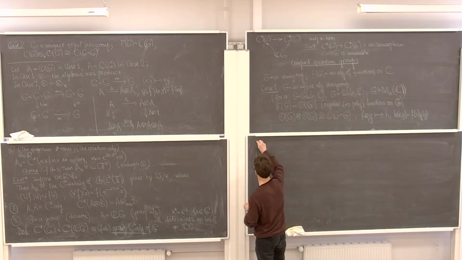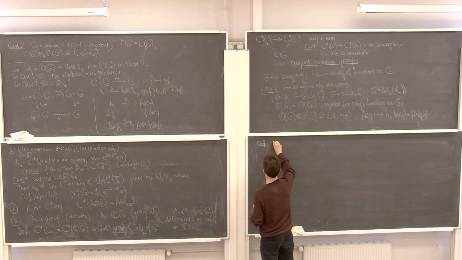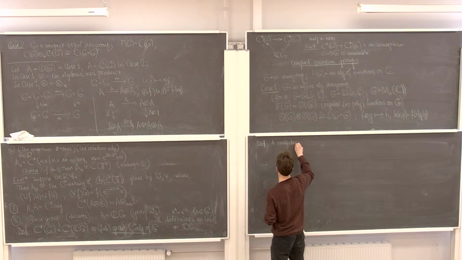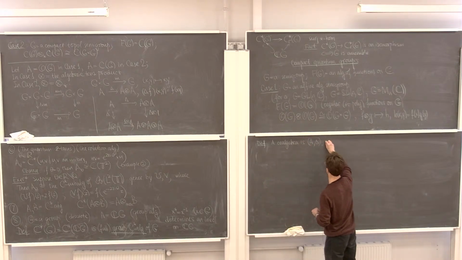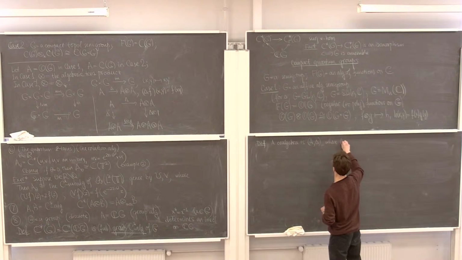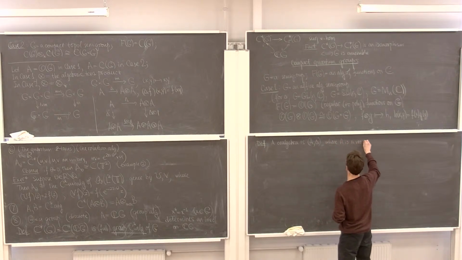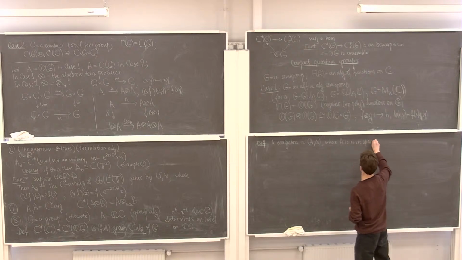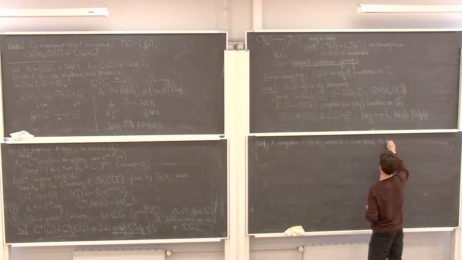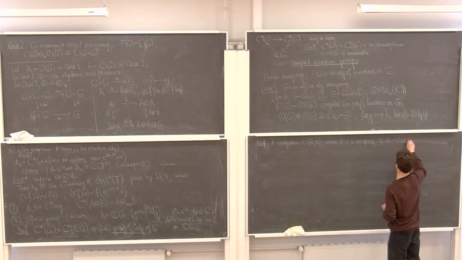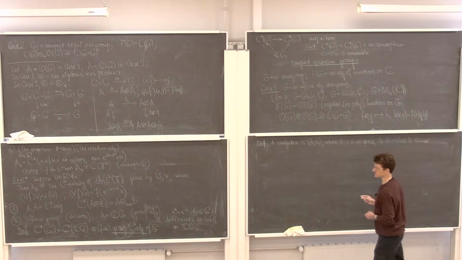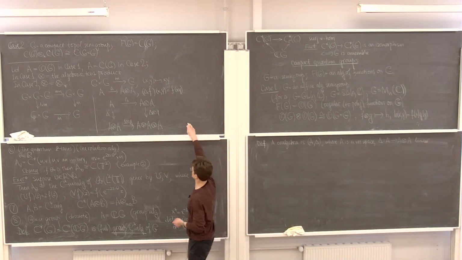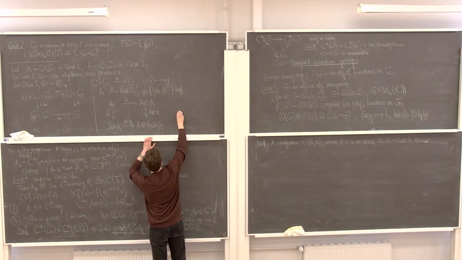First of all, we give the following definition. By definition, a co-algebra is a pair, A delta, where A is a vector space, and delta is a linear map from A to A tensor A, a linear map, such that this diagram commutes. That's denoted by, for example, star.